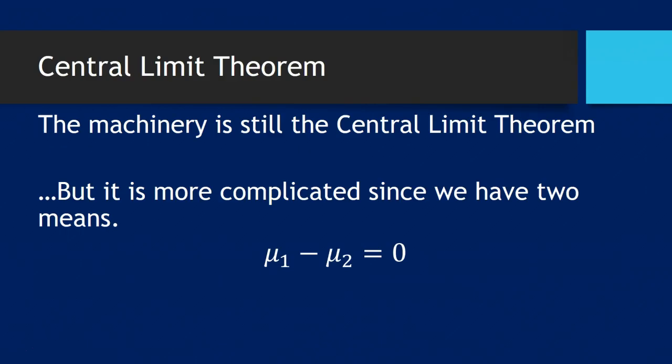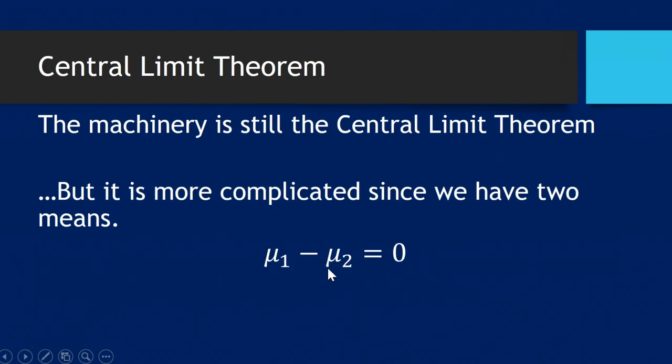Now, I want to say something about what's going on behind the scenes. The machinery that we're using here is still the central limit theorem, but it's a lot more detailed in terms of the mathematics that's going on. Because we have two means, it turns out we have to center our normal curve at 0 and assume that the difference between the two means is 0.